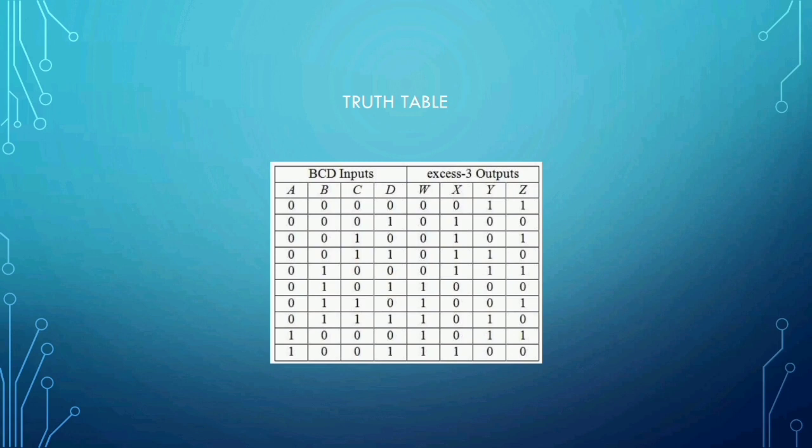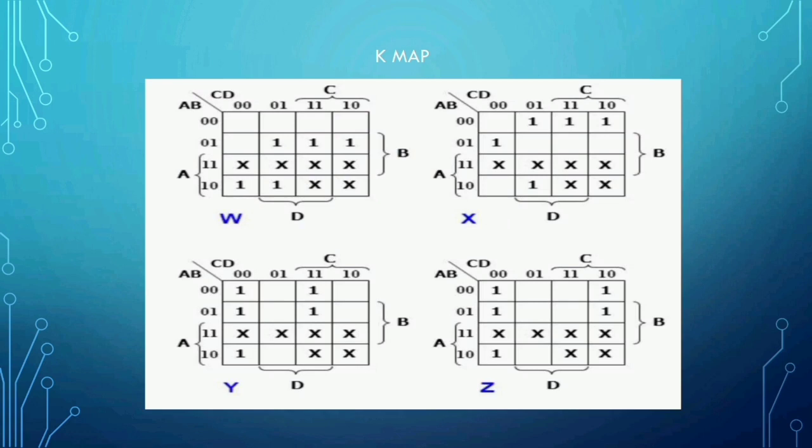Truth table: BCD to XS3 output. K-map to convert BCD to XS3.